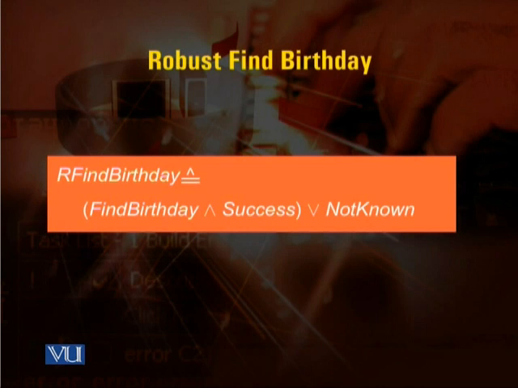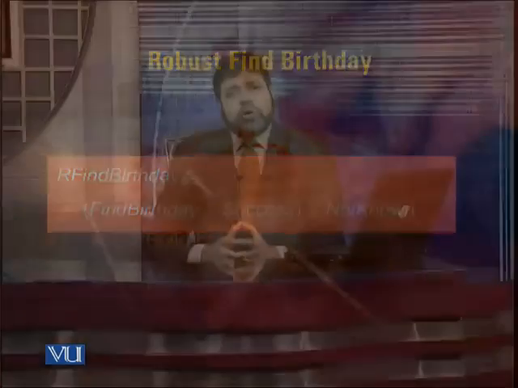Once again, a very simple logical statement, nothing more than that. So you saw how easily I have taken the previously developed schemas and combined them with schema calculus to make a more robust schema. And as I have said before, this is the main strength of Z.